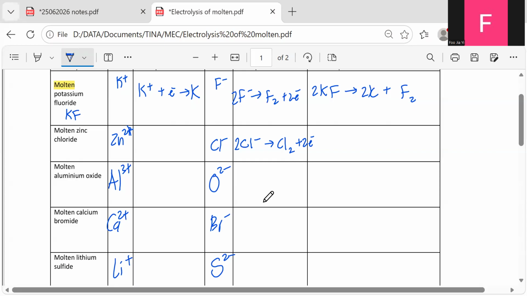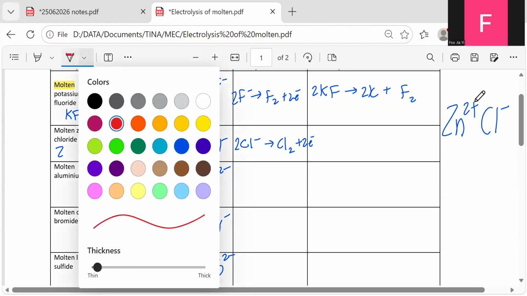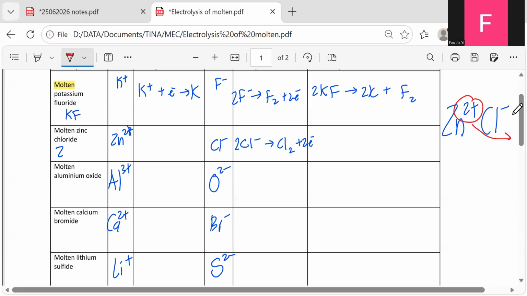Zinc chloride is ZnCl2. Zn2 plus, Cl negative. Don't you remember? You have to take this 2, put here, 1, put here, ZnCl2. Everything forgotten already.